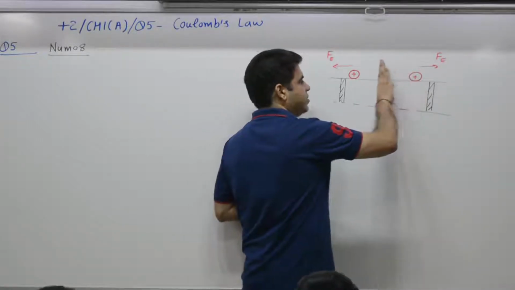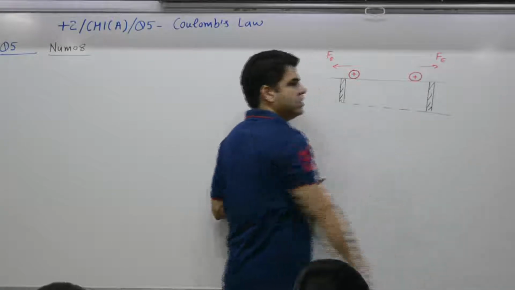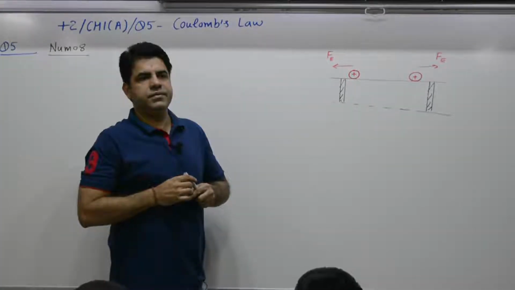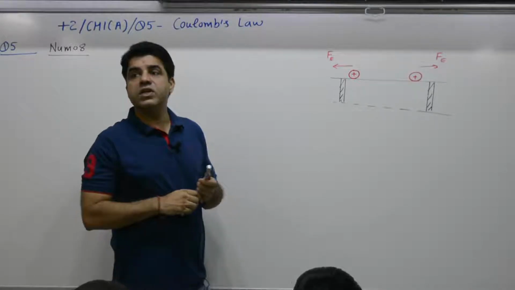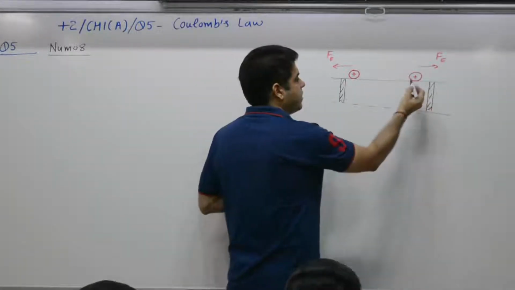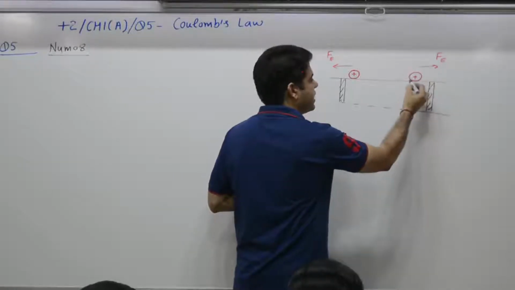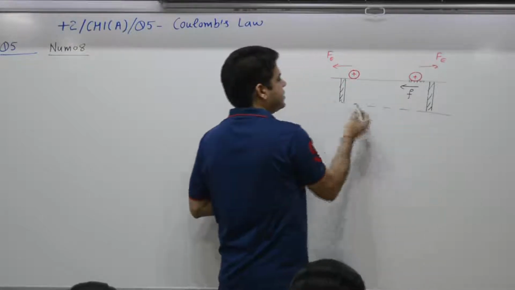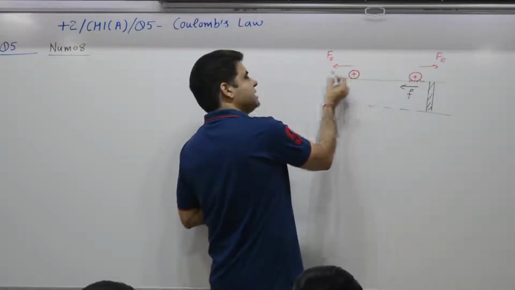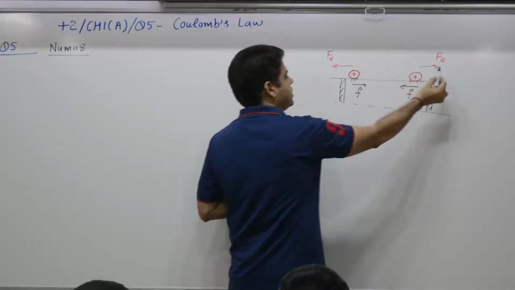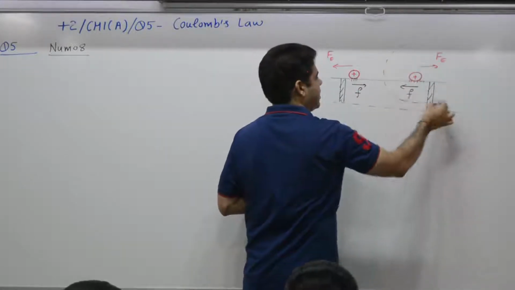Because of electric force, it has a tendency to move towards the right. What opposes it? Friction will oppose it. Friction is opposite to tendency. So if this particle tries to move towards the right, friction on it will oppose. Similarly for this one, the particle has a tendency to move towards left, and friction is towards right. We need to discuss only one particle.